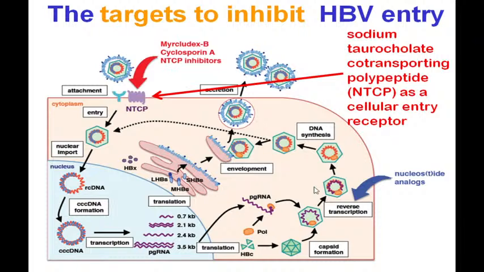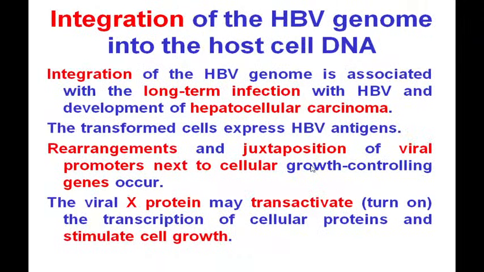So nucleoside analogs can be used, and they are used in the treatment of hepatitis B infection. But by the way, they are not very effective. So by now we have just two targets, the entry and the reverse transcriptase activity. So then, one more thing about the replicative cycle.